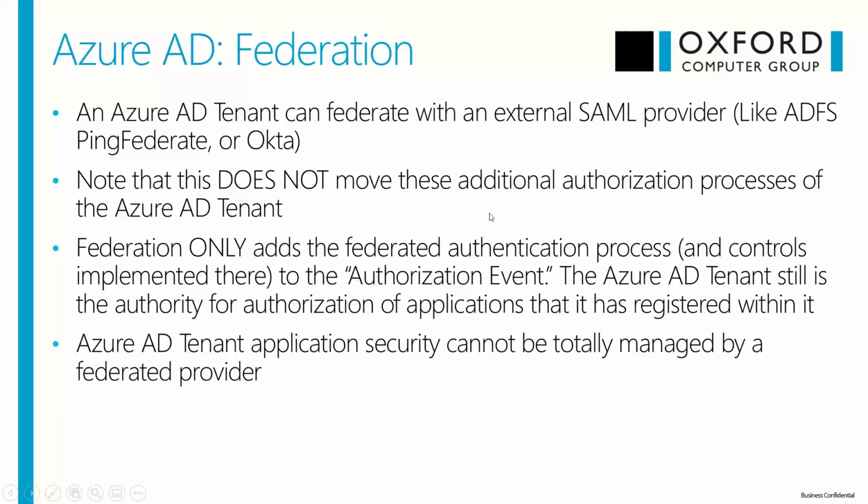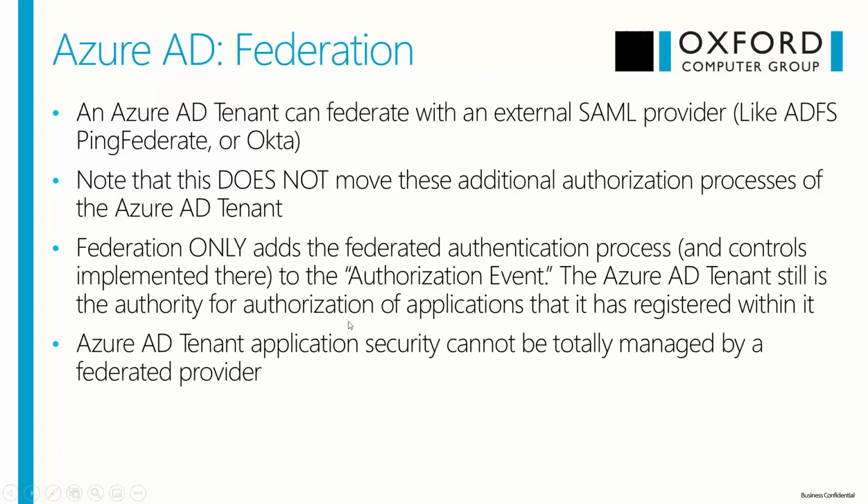And what I want to show here is it doesn't move any additional authorization processes out of the Azure AD tenant. All it does is just, like in the example where you offload an authorization event to another IDP, you're just federating those processes to another environment, adding things to it, not securing anything that is in that source environment.